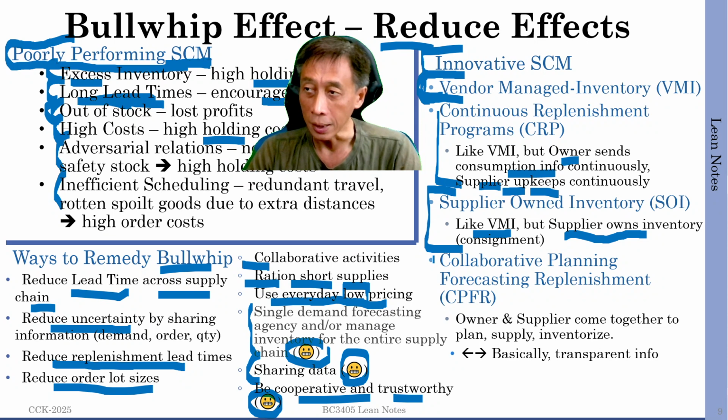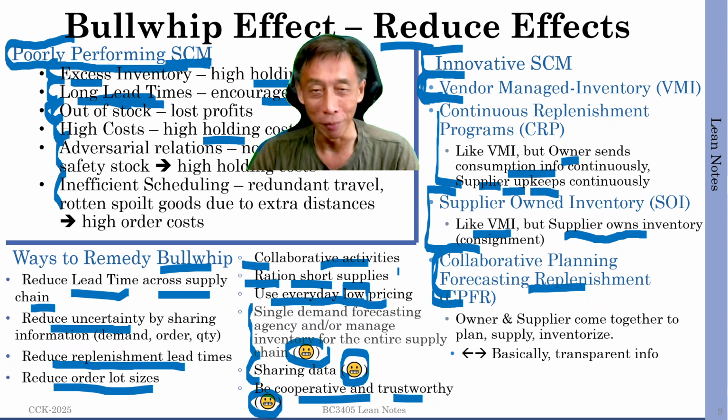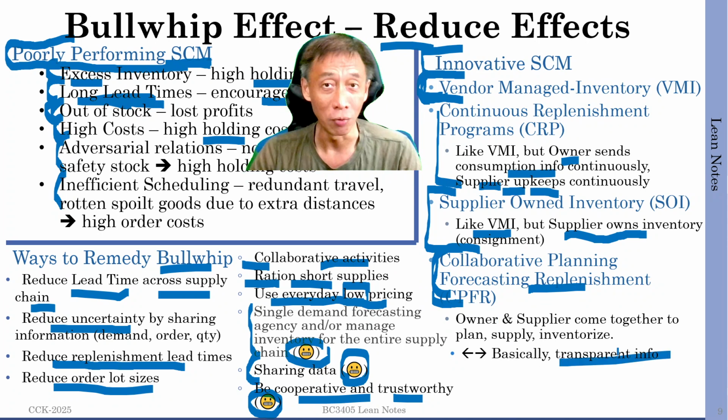And finally, this collaborative planning, forecasting, replenishment, similar, right? The supplier does the replenishment, but you do some sort of collaborative activity, share information, share forecasting, basically saying what we have said before, be transparent in your information sharing.